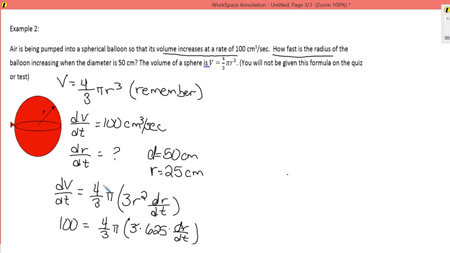Please notice that this 3 and this 3 cancel, so I can get rid of that. Now I have 100 is equal to 4 pi times 625 dr/dt. I'll leave it like this because this is going to make it easier for me to divide. I divide by 4 pi times 625.